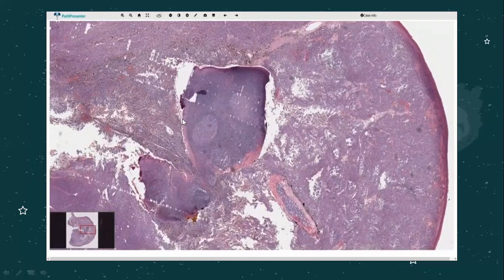Okay, so we are probably somewhere near the tonsil in the mouth. Here we have the mucosal glands, benign mucosal glands.